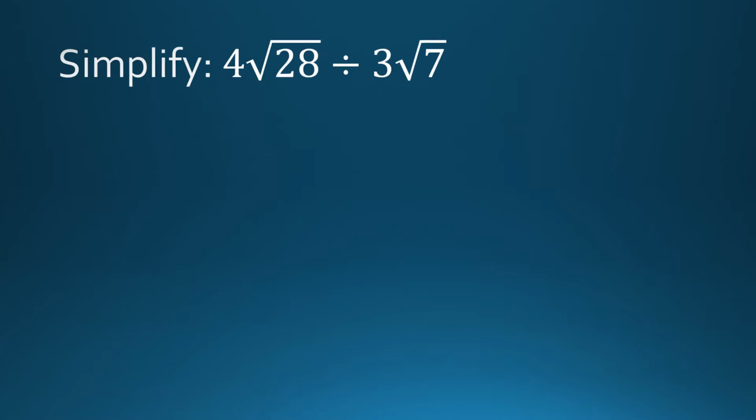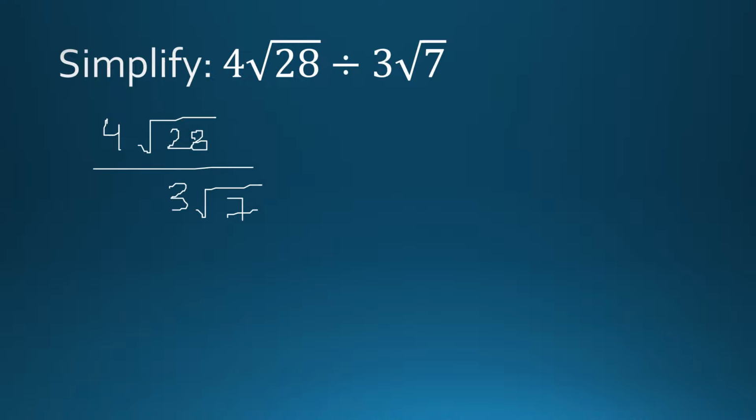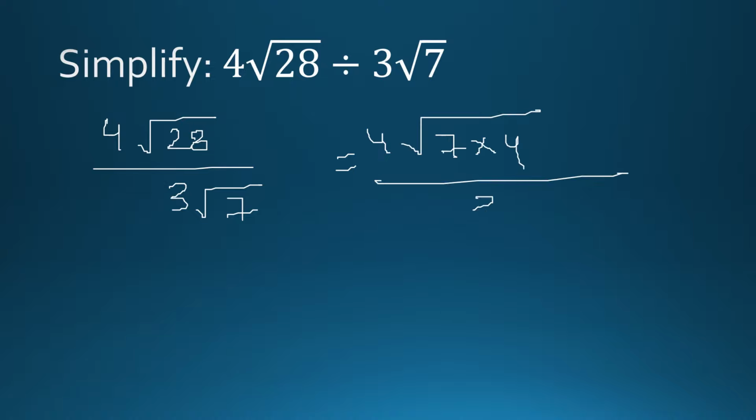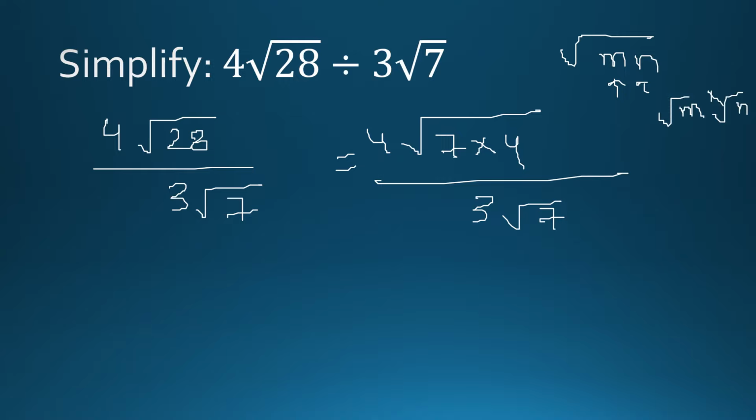You have to simplify 4 root 28 divided by 3 root 7. Okay, so let me write it like this. Now, if you factorize, you will see 28 is 7 4s are 28, correct? Now, if we have values in the same root, I can write them in different roots also.